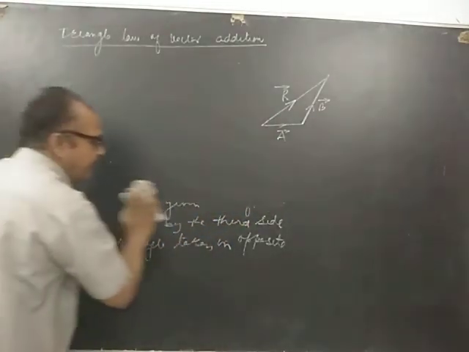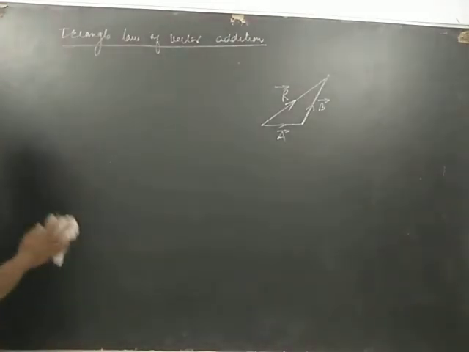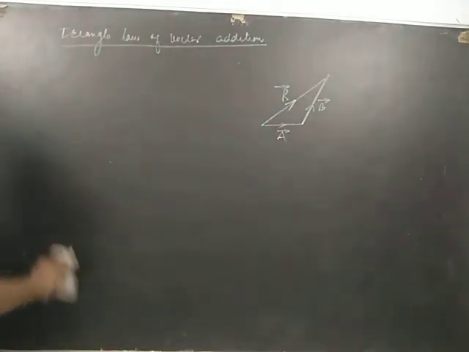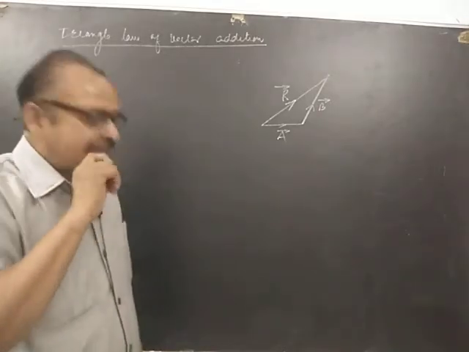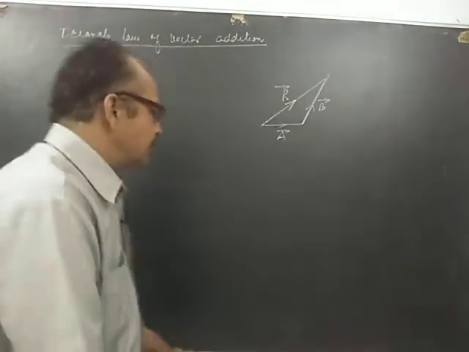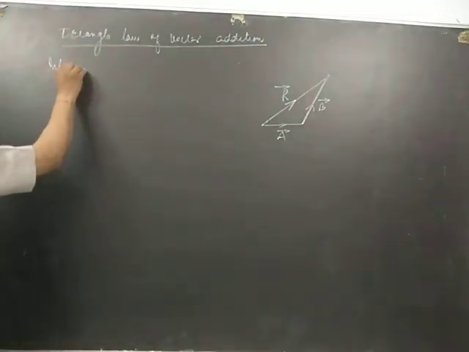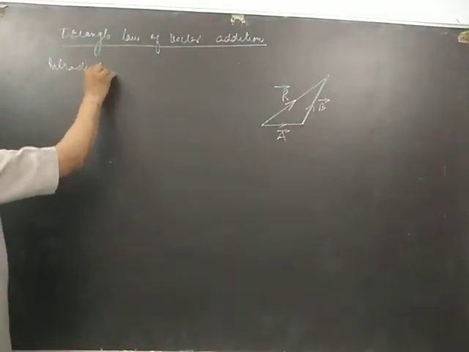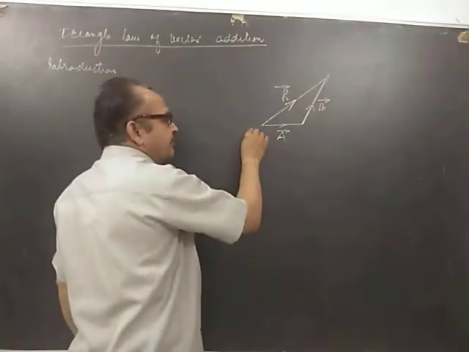Obviously, before we start the proof we have to write the introduction, as I have told you in the beginning also. Whenever we start proving something, it is very important for us to write an introduction. So we will write the introduction, and for that let us name the triangle first.